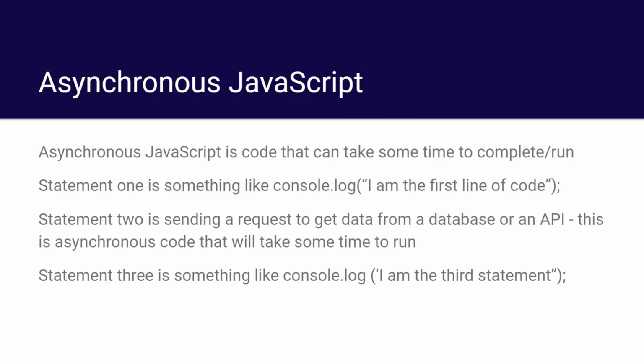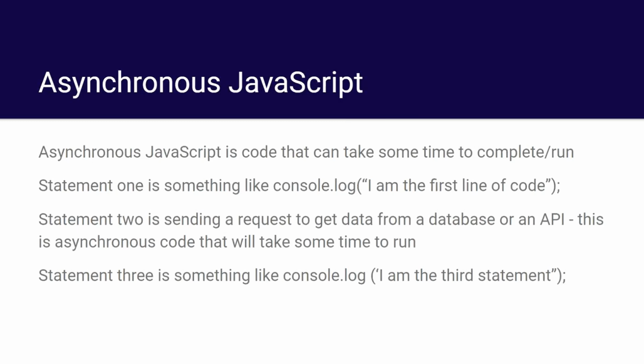So that is the idea behind asynchronous. It's the idea that multiple things can be happening at the same time, so not necessarily in a sequential manner. So for example, you might be making an application and the first statement is executed. Then we move on to the second statement, statement 2, but maybe that is a piece of code that sends a request to an API and we're waiting to get data back.